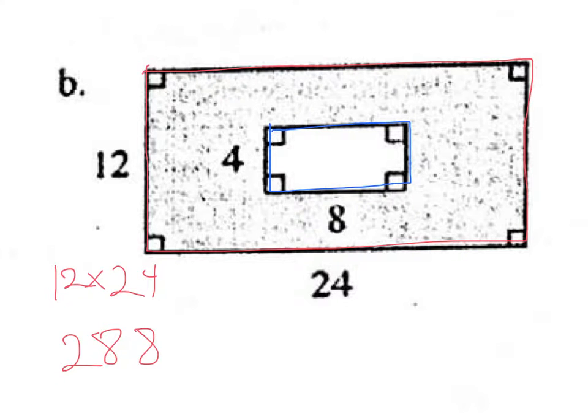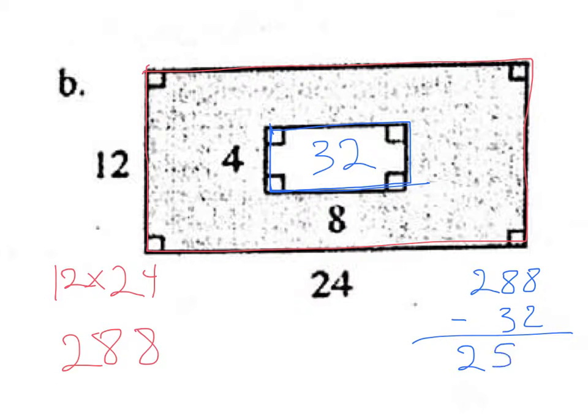The area of that rectangle is 4 by 8, so 4 times 8 is 32. If the whole thing is 288, we want to subtract 32 square feet from that, and we end up with 256. We don't have any units, so we'll just call it unit squared.